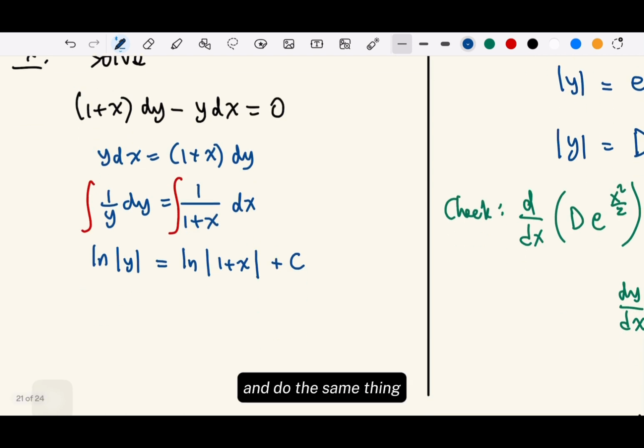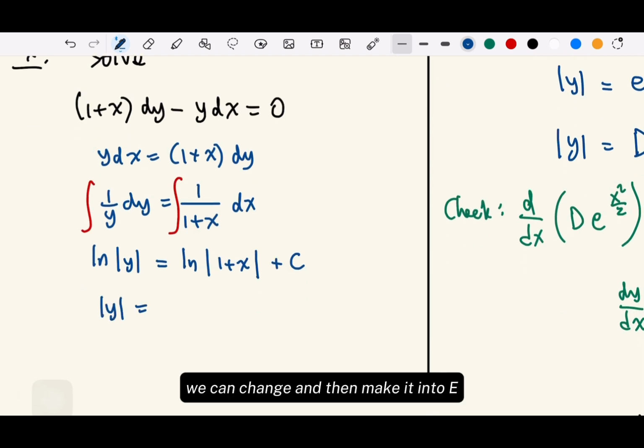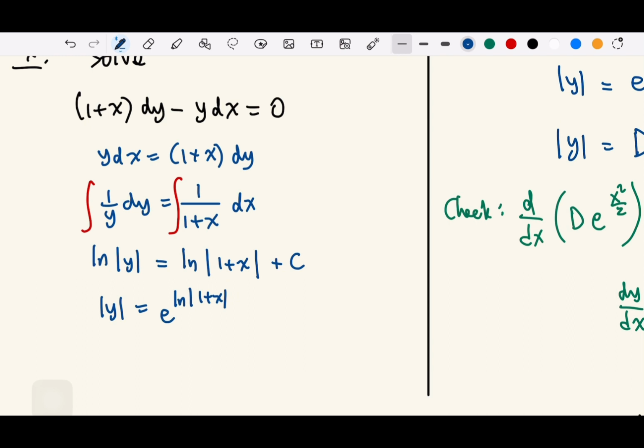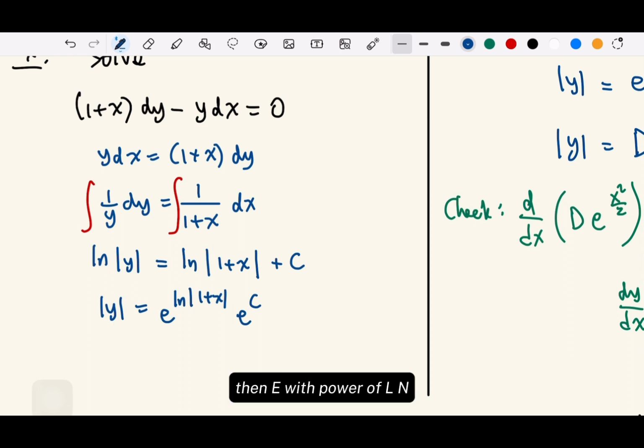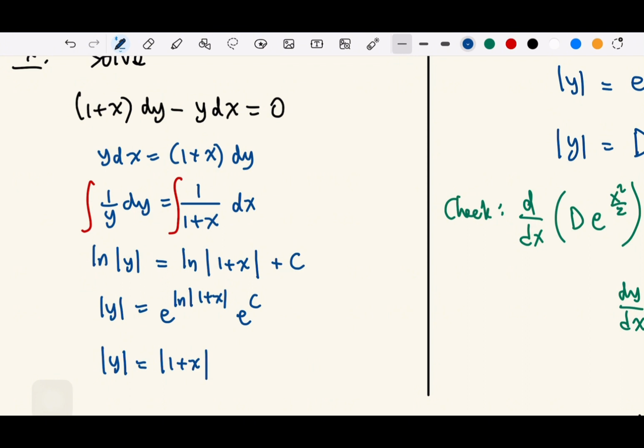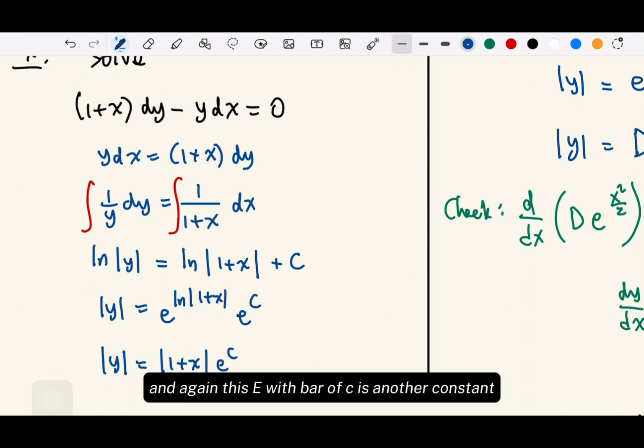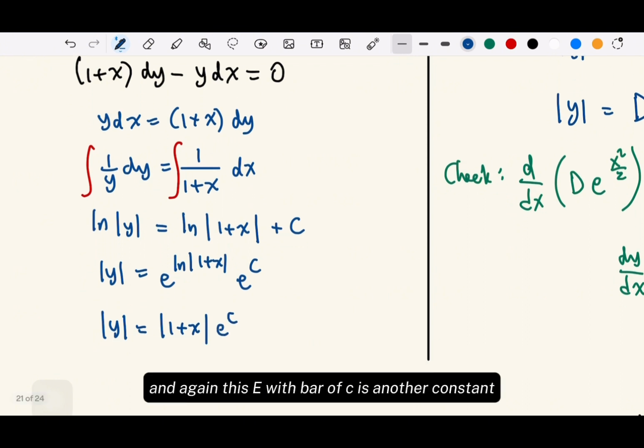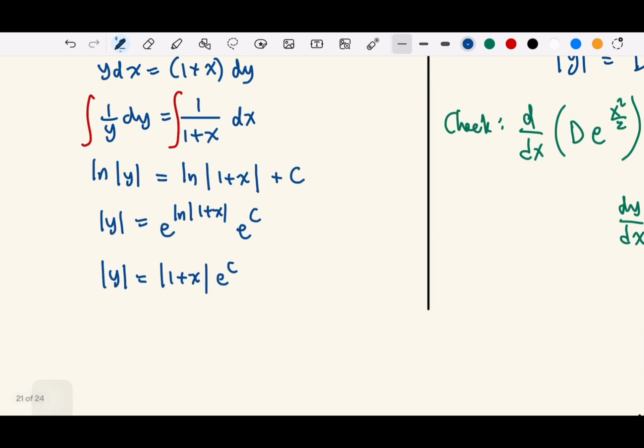And do the same thing. We can exponentiate and make it e to the ln of y equals e to the ln of 1 plus x, times e to the power of c, right? And then e to the power of ln cancels, so we have 1 plus x, and then e to the power of c, and again this e to the power of c is another constant, maybe named c1.